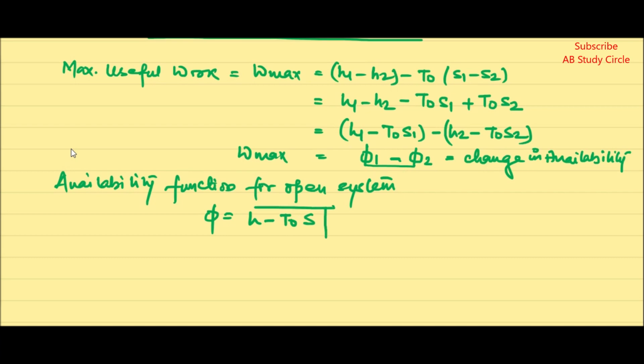I can generalize this as H minus T0 S, and this function has another name, the Keenan function. If you have heard about the Keenan function, it is nothing but the availability function for an open system, and it is equal to H minus T0 S.